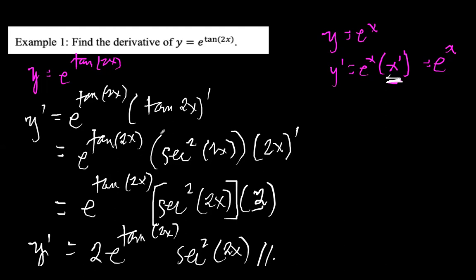Now let's try solving it without doing this. Let's do it directly, okay? So the problem is y is equal to e raised to tangent 2x. How do we do that? The first thing that we need to do is, of course, memorize or familiarize ourselves with the rules for differentiating exponentials, by heart.